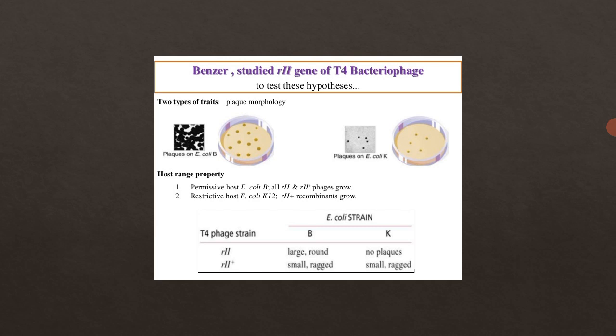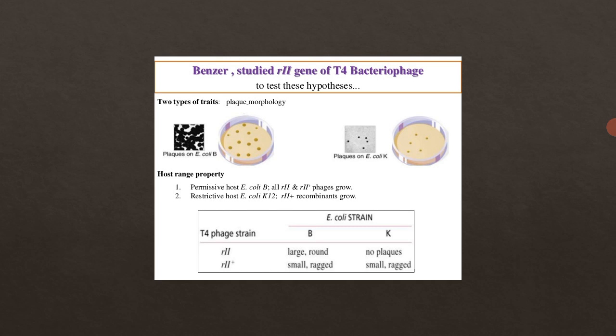Now you can study the plaque morphology from this table also. Here are E. coli strain B, E. coli strain K, and the T4 phage strains. So we have R2 and R2 plus. R2 is present on the B and gives plaques that are large and round, and R2 plus is also present on the B, which is small and ragged plaques.